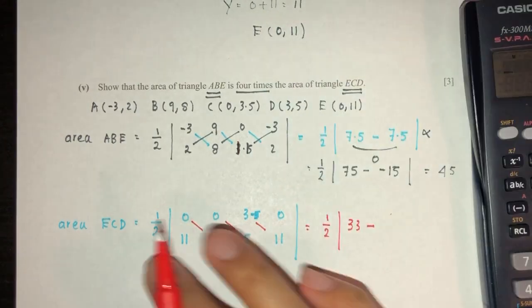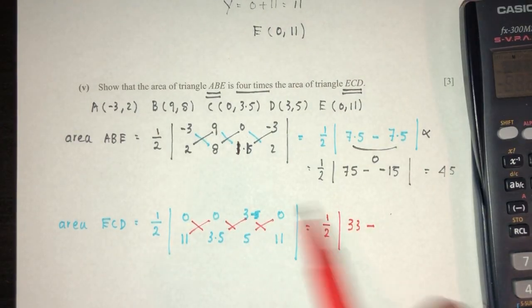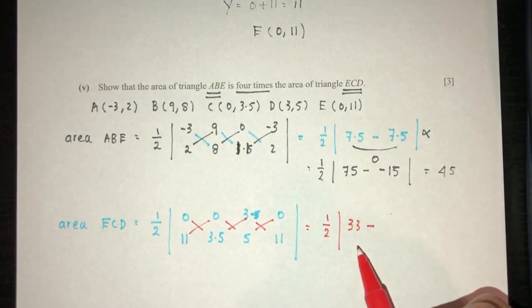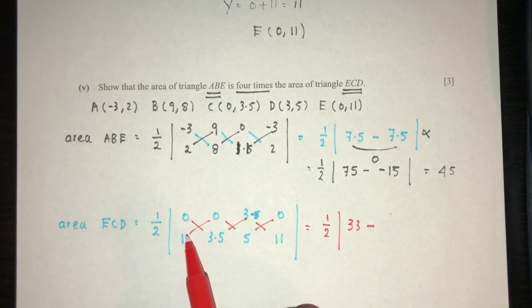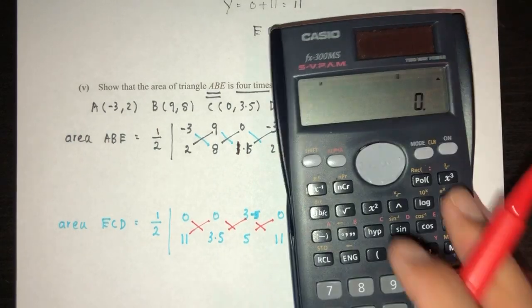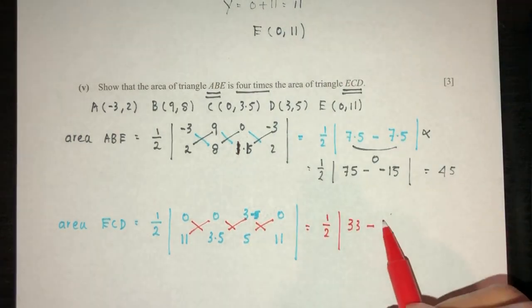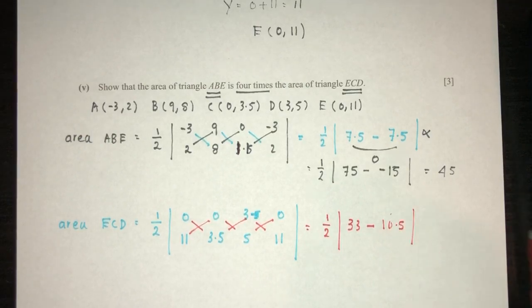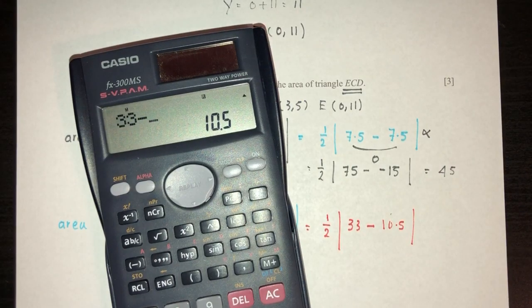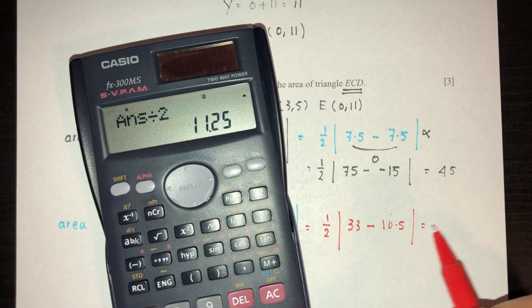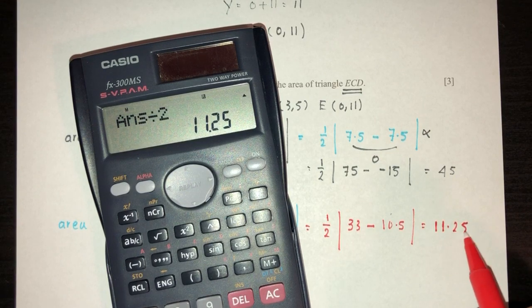Minus, and then in this direction, that will be simply the value, because 11 times 0 is 0, this time this, and this. So this is what? 3.5 times 3, that will be 10.5. So 33 minus answer divided by 2, that will be 11.25.